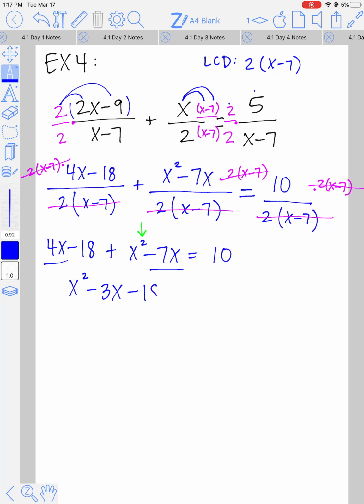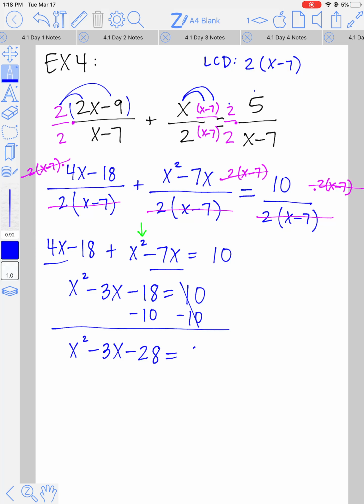And then that negative 18 is just by itself as well. We have that all equals to 10. Again, I'm trying to get 0 on one side, so I'm going to subtract 10 from both sides to get rid of it on the right. And I'm left with x squared minus 3x, and negative 18 minus 10 will give me negative 28 equal to 0.